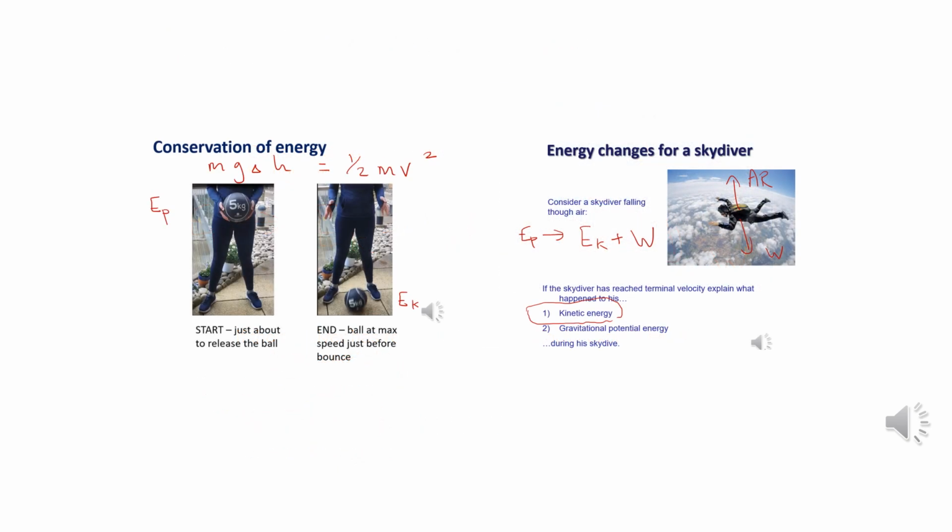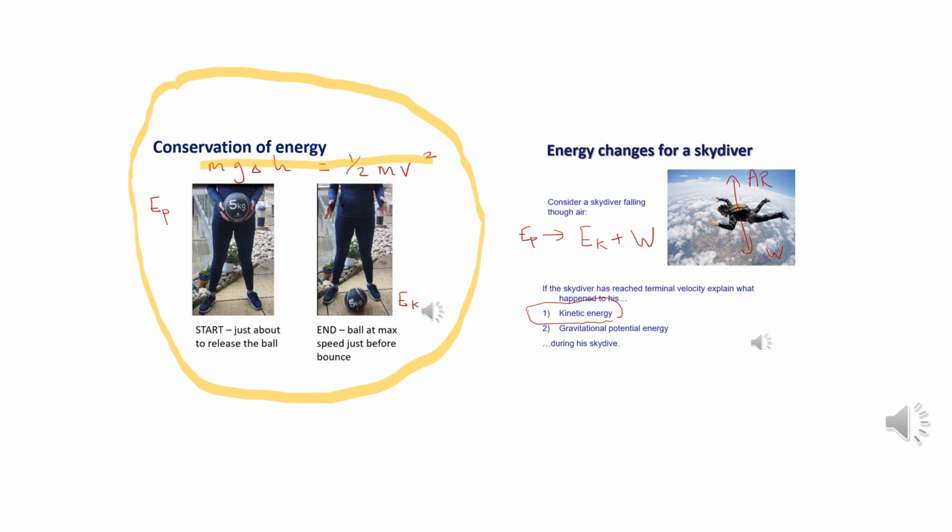In our first example, we ignored air resistance, and that's a reasonable thing to do. The speed would be quite slow and the air resistance will be quite small, so this analysis gives us a reasonable approximation: literally just saying that the gravitational potential energy is all transferred to kinetic energy. It is an approximation, but it's quite a reasonable one to make for slow speeds.